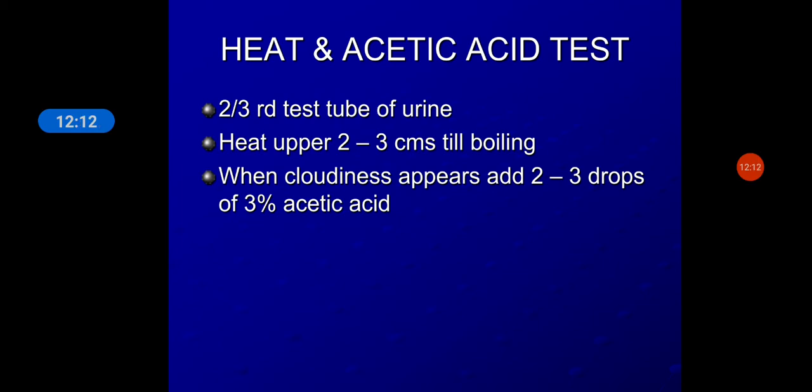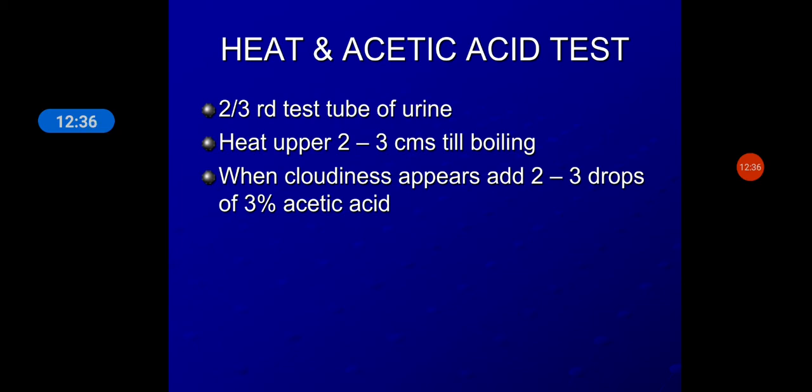So how will you differentiate? There are so many factors that will interfere with proteins. Other substances also can coagulate. What are the other substances? I'll tell you later. But how will you differentiate that it is definitely because of proteins? For that you have to add 3% acetic acid.